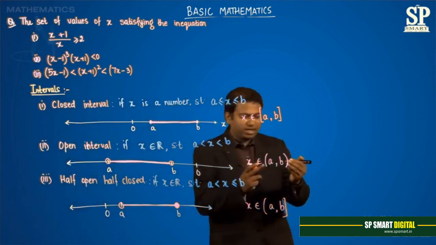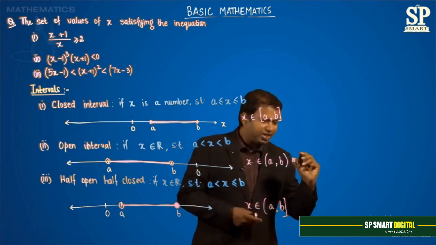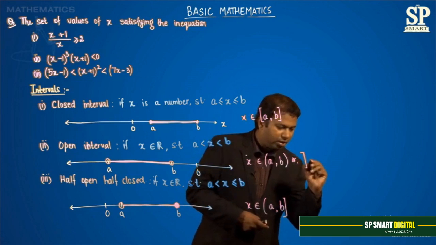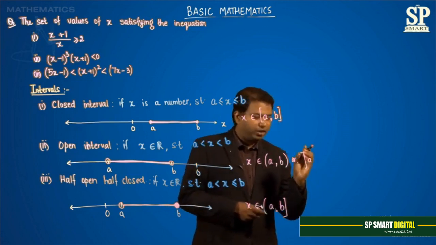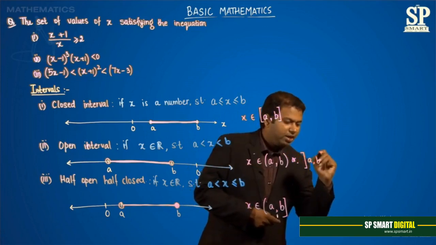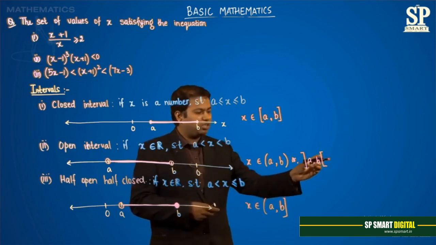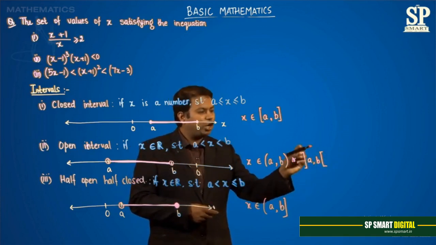Now this is also represented at times in another way, where we take the reverse side of the opposite bracket first, and then we close it in the following manner. Now this shows that A is not included.